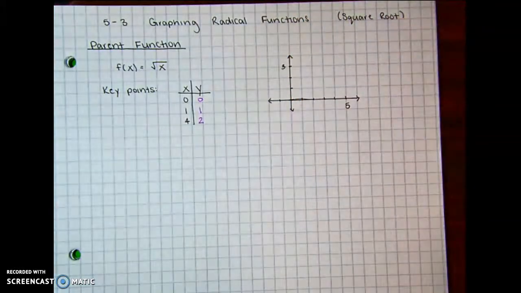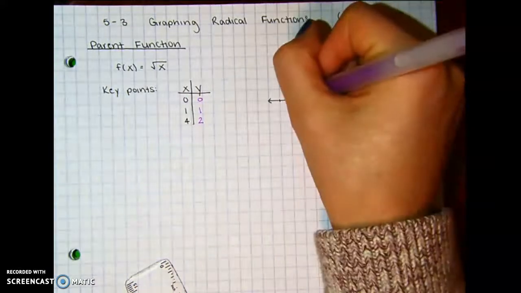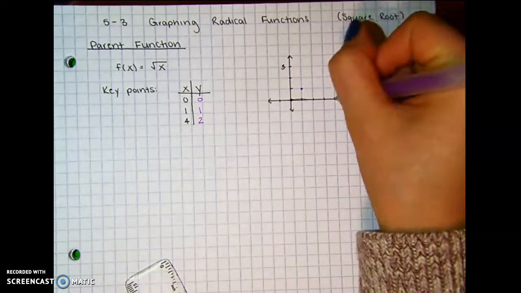Okay, so plot our points. We're going to have 0, 0, right there in the origin, 1, 1, and 4, 2.